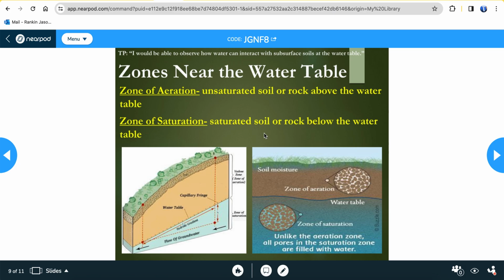Next, we have the zone of aeration and the zone of saturation. All right, the zone of aeration is called the unsaturated soil or rock above the water. The zone of saturation is below. Saturation is completely filled with water.